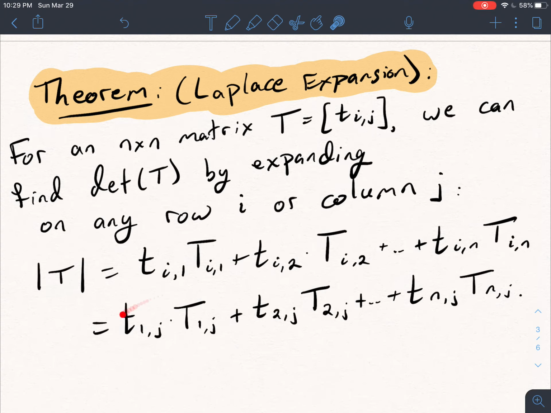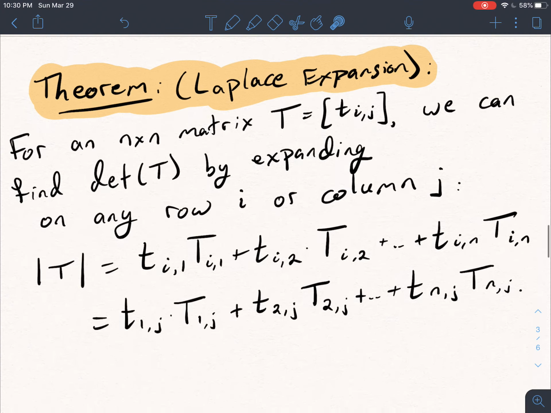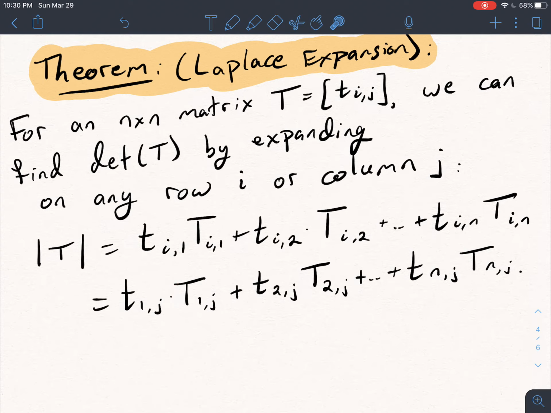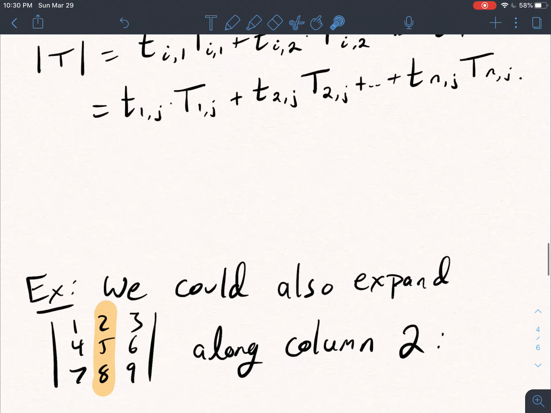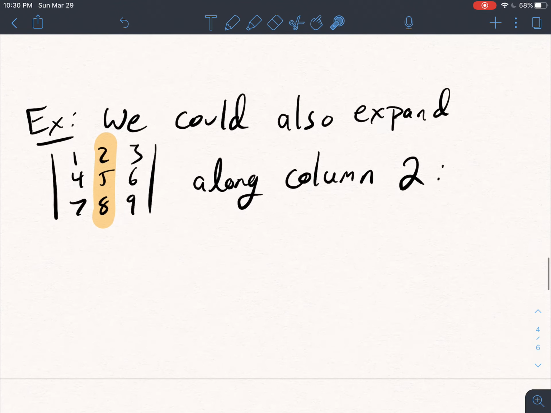Okay. And then similarly, you could expand along a column and get the same sort of thing. So T1j, T2j, up through Tnj, those are the entries of T. And then capital T1j, capital T2j, these are all of the cofactors: the determinant of the minor times the corresponding sign.